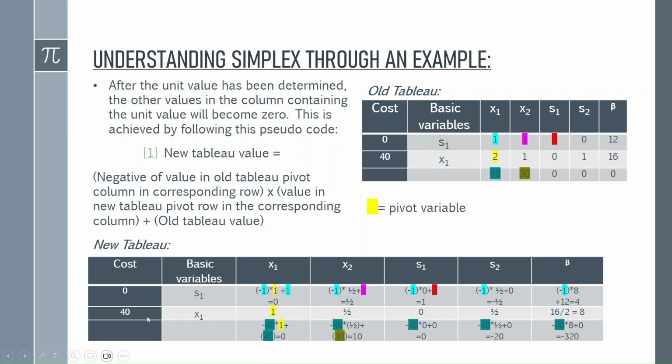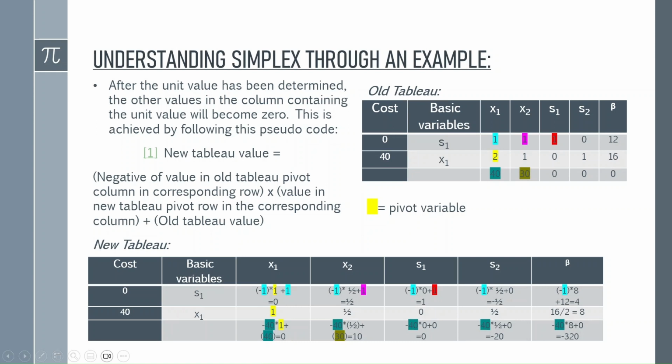We need to observe that before the entire new table is constructed, the only row that is present in the new table is the second row, that is the row with the pivot variable, and the rows other than this row will be changed from the old table.